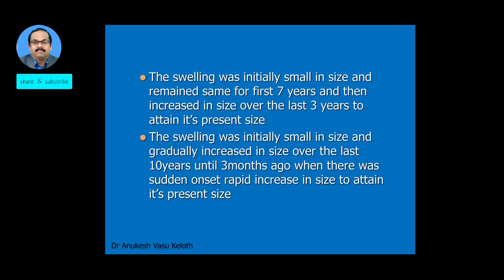And another way is: the swelling was initially small in size and gradually increased in size over the last 10 years until 3 months ago, when there was a sudden onset, rapid increase in size to attain its present size. So here we can say the same thing but with a recent change in the swelling. We'll come to that a little more now.